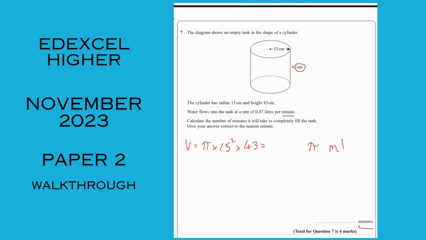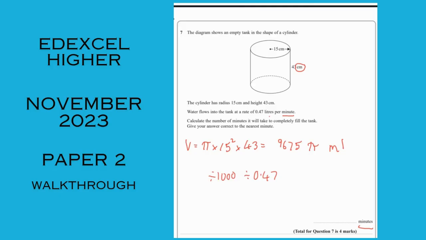So we can go straight to milliliters if we do 15 squared times by 43. I'm getting the answer 9675 pi. It's in milliliters. We want the answer to be litres per minute. Divided by 1,000 will change it to litres, and dividing it by 0.47 will change it to minutes.